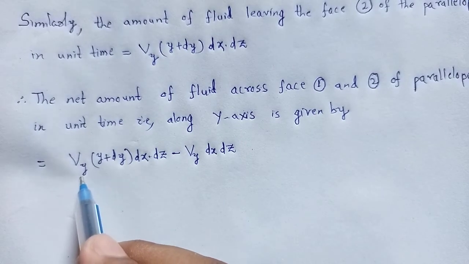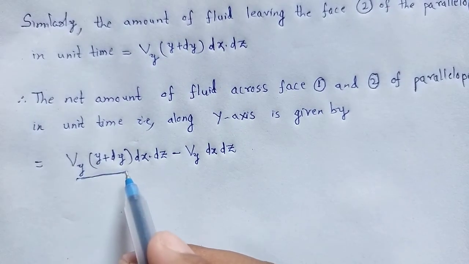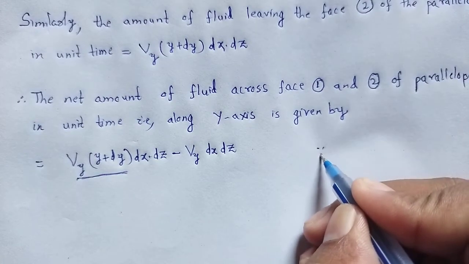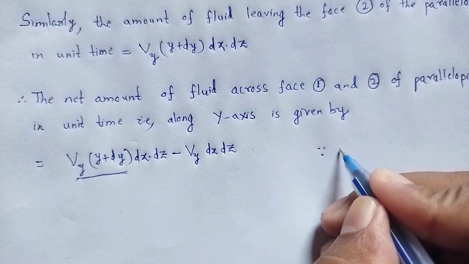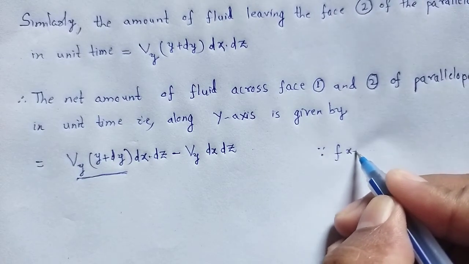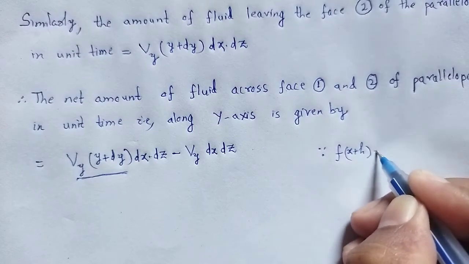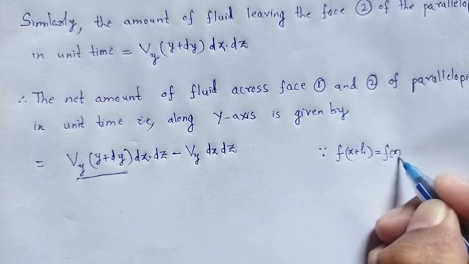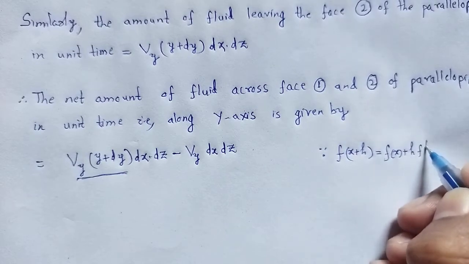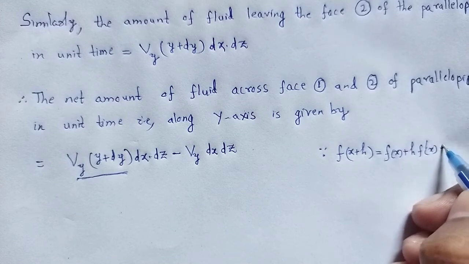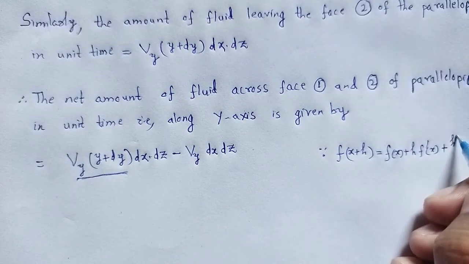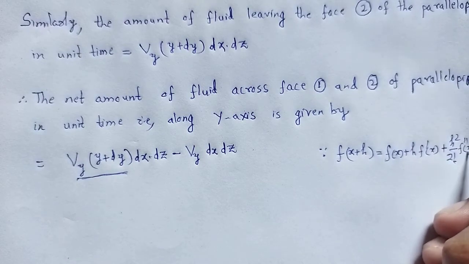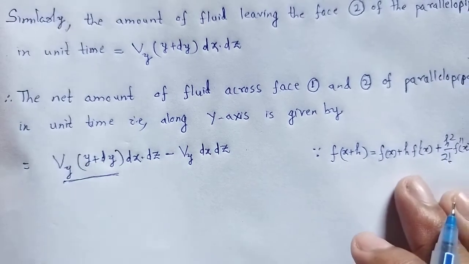Now we expand this function. Previously we studied Taylor's expansion. What is Taylor's expansion? Look at this. If a function is written as f of x plus h, then in Taylor's expansion we can write f of x plus h equals f of x plus h f dash x plus h square by 2 factorial f double dash x plus and so on.